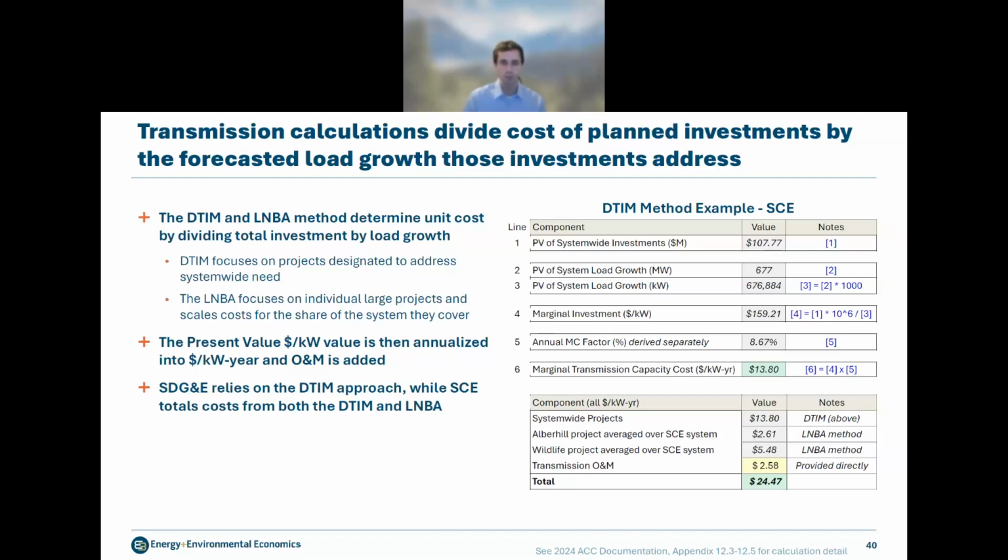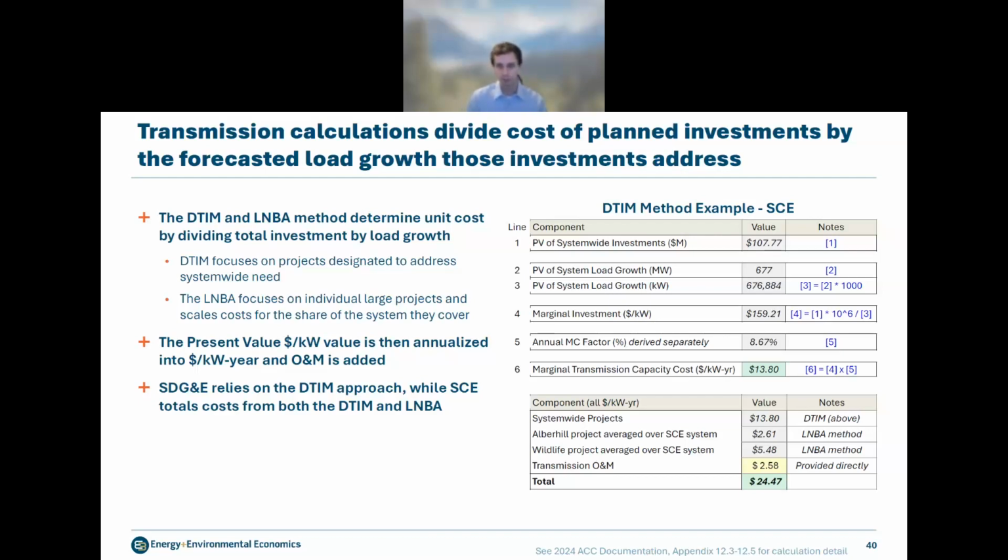For SCE, which takes results from using both the DTIM and the LNBA approach and combines them, you add O&M in the end. You can see that at the bottom on the right side of the slide. Whereas for SDG&E, everything is captured just using the DTIM approach alone.